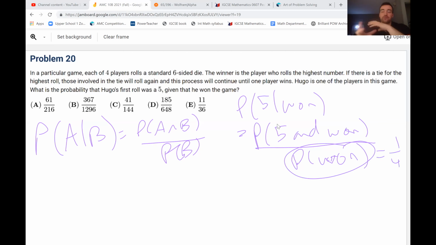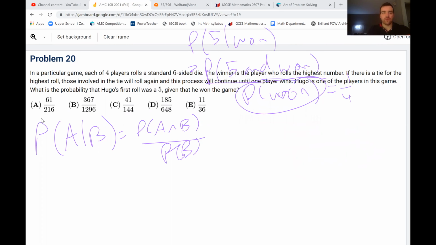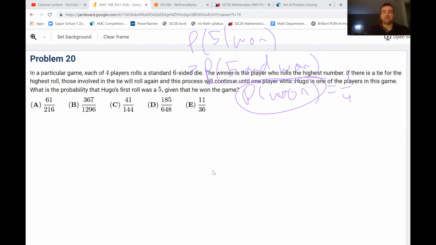Now we need to figure out the probability that he wins, given he rolled a 5. So we need to look at different cases that could have happened. One case is that he rolled the 5, but somebody else also rolled the 5. Keep in mind that Hugo's chance of rolling a 5 is 1 out of 6.